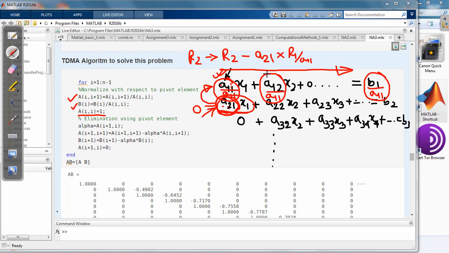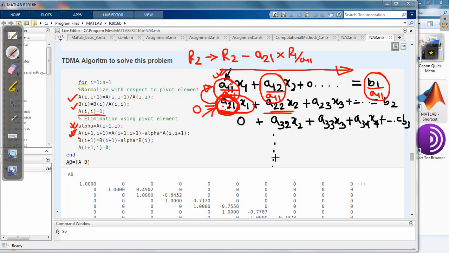Now already we have divided by a11, so you just simply, if you write this a21 as alpha, I have given the name alpha as a21. So you just multiply all these terms with alpha. So what is done, you observe that this term is multiplied with alpha and subtracted from this term.